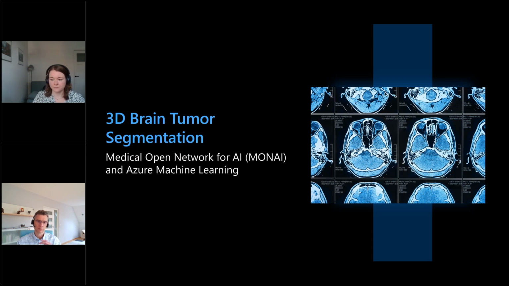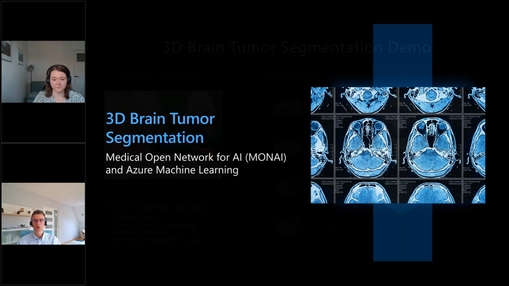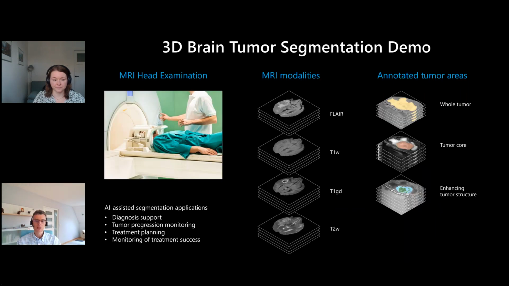So it's a very helpful network based on PyTorch, and we are using it in our central demo for 3D brain tumor segmentation, but also in the demo where we combine Azure Machine Learning, MONAI, and Nvidia Flare, which Harmke is going to show in a minute. So this is the use case.